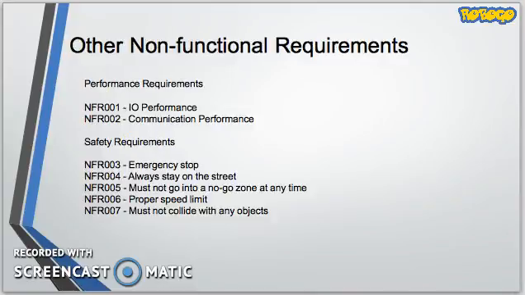For the non-functional requirements, the first one is the performance requirement. For example, the I/O performance: when we log all these files, because our map and event log are stored on the file system, we will make sure the read and write perform smoothly.